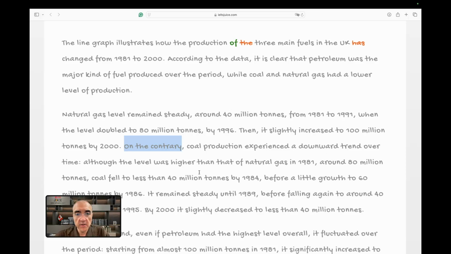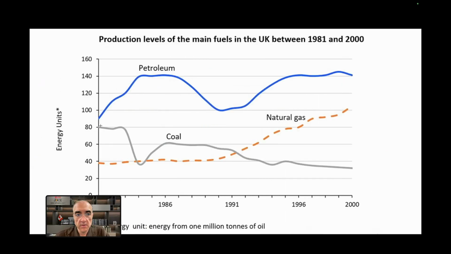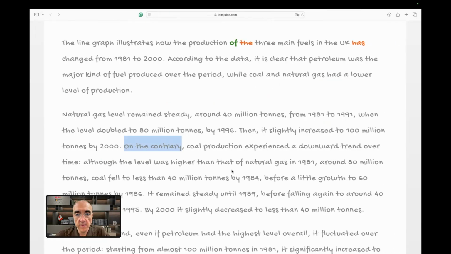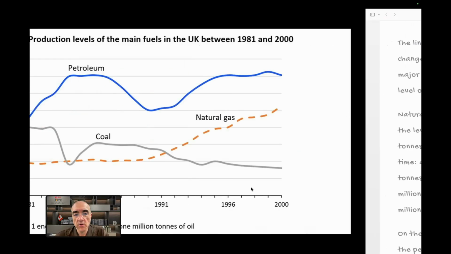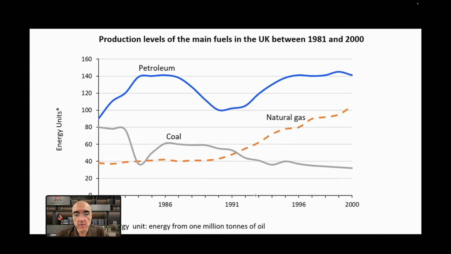Although the level was higher than that of natural gas in 1981, around 80 million tons. Okay, yes, around 80 million tons at the beginning. Instead of repeating 1981, you could say at the beginning of the period, around 80 million tons, coal fell to less than 40 million tons by 1984. 1984 is an interesting year.